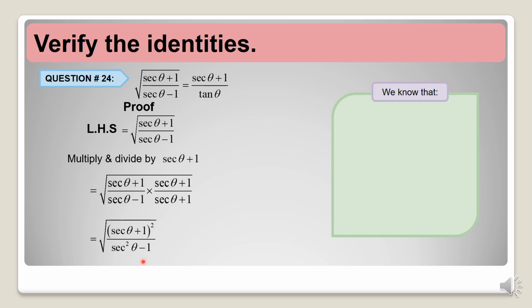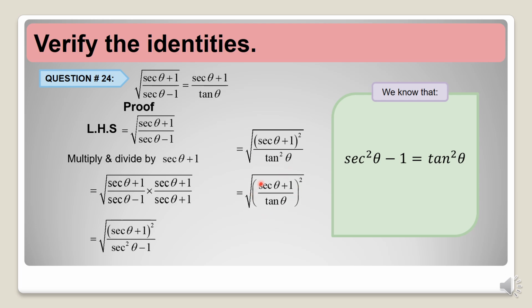Secant square theta minus 1 square gives secant square theta minus 1, obviously, and secant square theta minus 1 is equal to tan square theta. As we have the identity 1 plus tan square theta equal to secant square theta, we will take 1 to the other side. Instead of secant square theta minus 1, we can write tan square theta, and we will take the square root of both squares. We will first write it as a whole square, and the square will be cancelled with the square root, and we will get our right hand side.